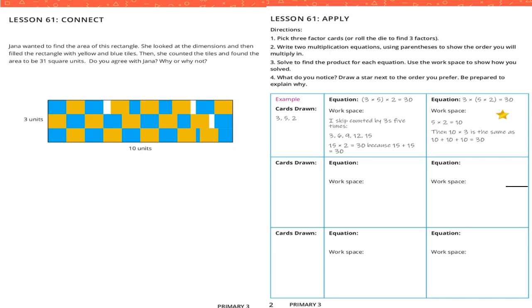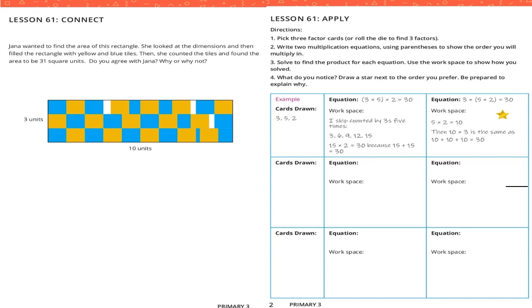Do you agree with Jana? Why or why not? In this rectangle we have some squares or rectangles in yellow and rectangles in blue. Can I use the counting strategy to find the area here?